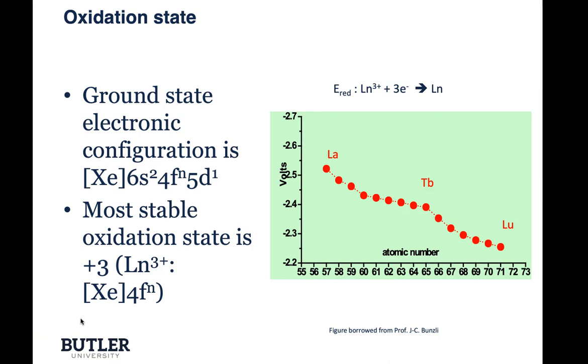And then the most stable oxidation state, and primarily the only oxidation state: there are a few exceptions that can be +2, +4, but for the most part, all of the lanthanides will behave as +3 ions, where they lose the 6s2 and the 5d1 electrons, and you're left with the xenon core and the 4f 1 through 14.